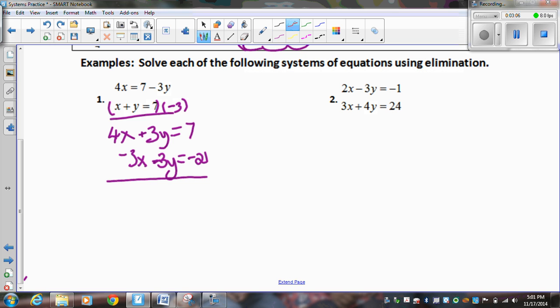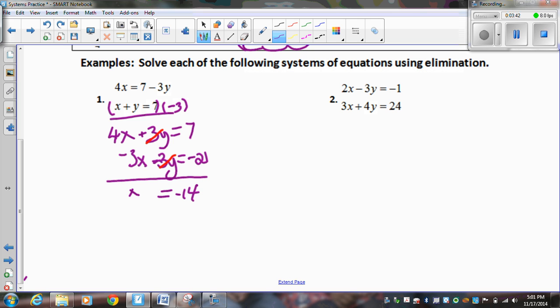Since they are opposites of each other, when I combine by adding, positive 3y plus negative 3y cancel each other out. I combine the rest of my terms. So 4x plus negative 3x, or 4x minus 3x, is x. 7 plus negative 21, or 7 minus 21, is negative 14.